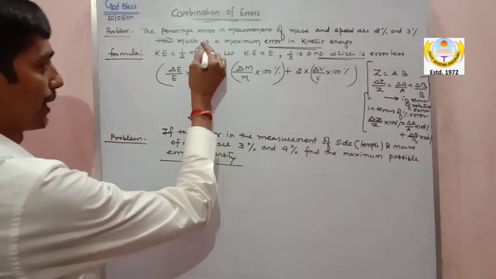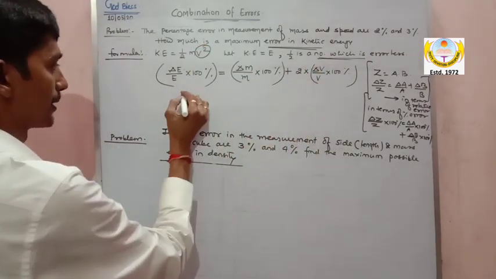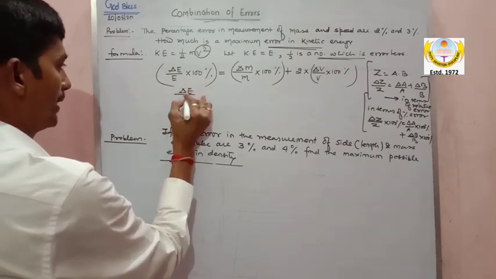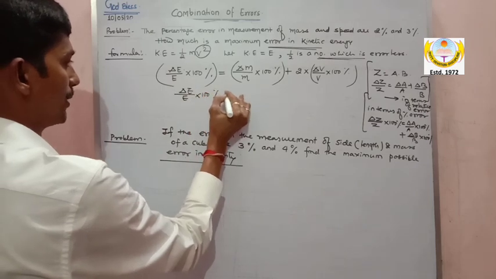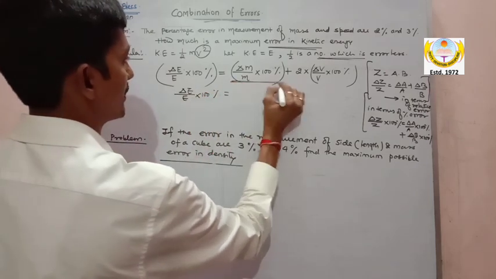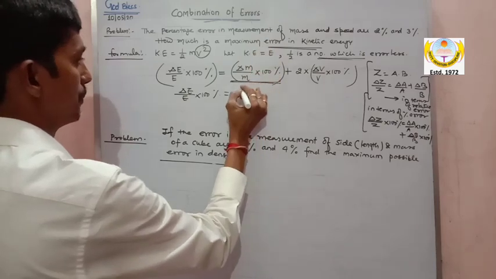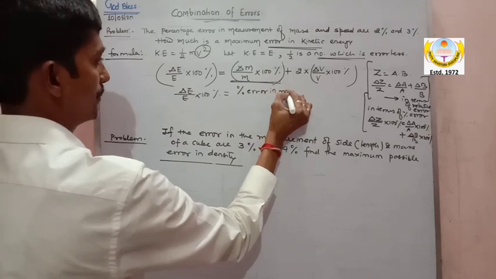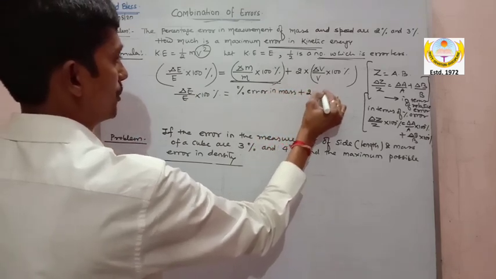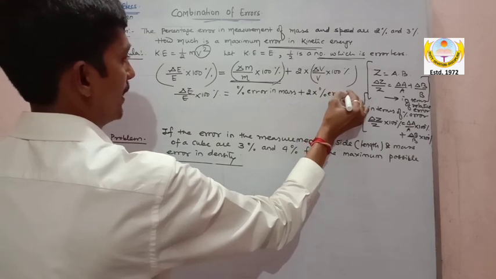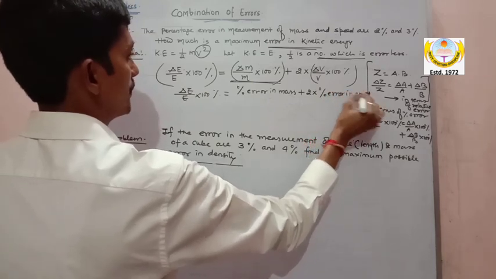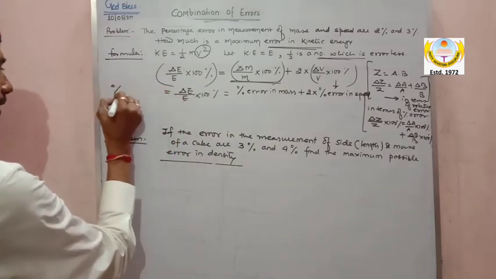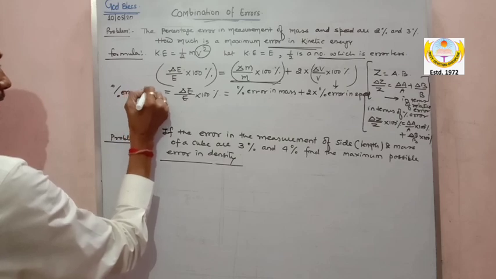So here, that's what I did: 2 into delta V by V into 100%. So delta E by E into 100% is equal to percentage error in mass plus 2 into percentage error in speed, and this is the percentage error in kinetic energy.